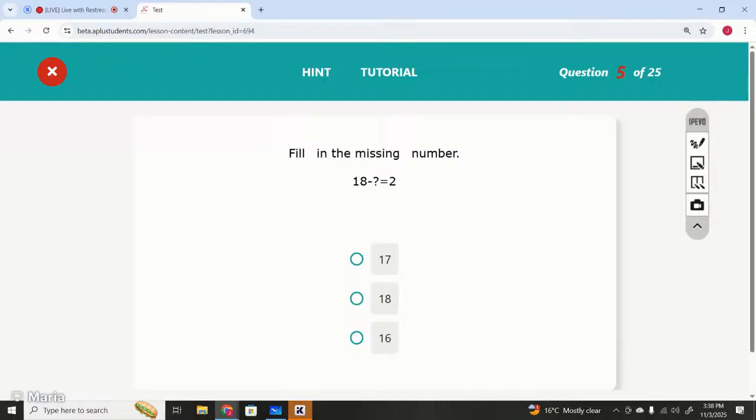What is the missing number? 18 minus 16 is 2. Option number 3 is the correct option.